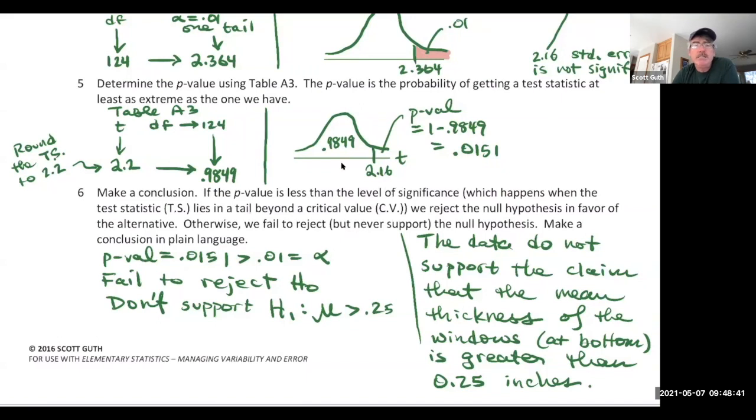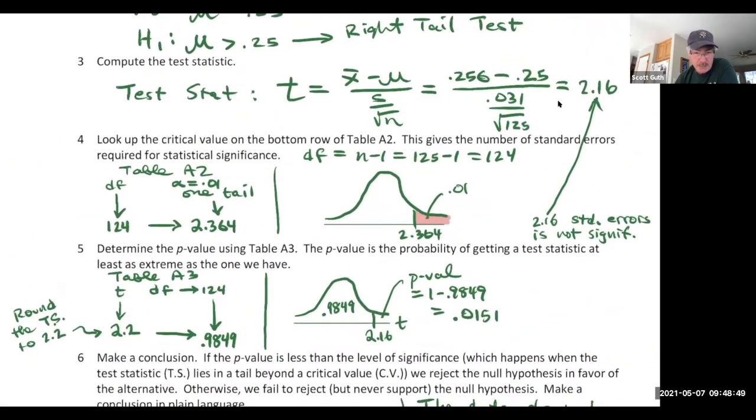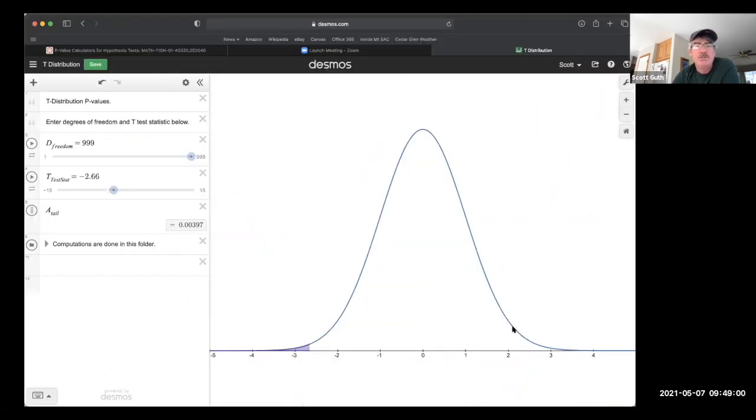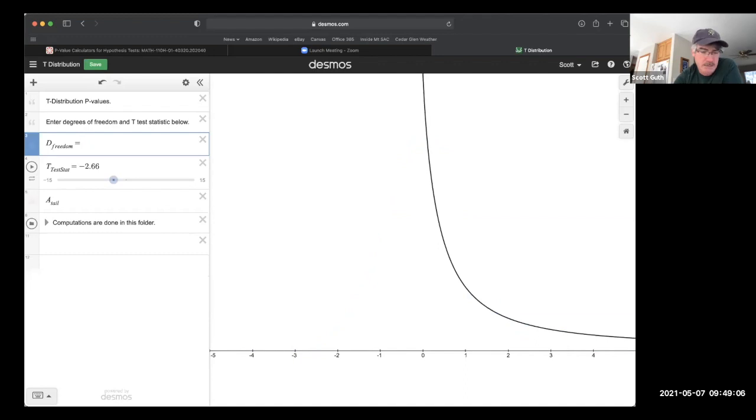And again, this one, the degrees of freedom are 124. And what's the test statistic? It's 2.16. So I'm going to pop back over to that Desmos page that has the p-values for the t-distribution. So now you're looking at it. Again, degrees of freedom is 124. I'll just put that in.